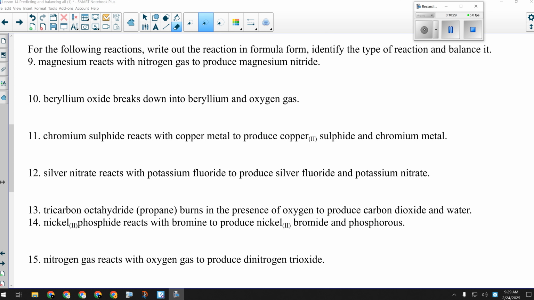So magnesium, just Mg, is reacting with nitrogen gas. What do I need to remember about nitrogen when it's by itself? It's a molecular element. It's special. It comes as a 2. Crucial to remember that, something that's easy to forget. And that is going to make magnesium nitride.